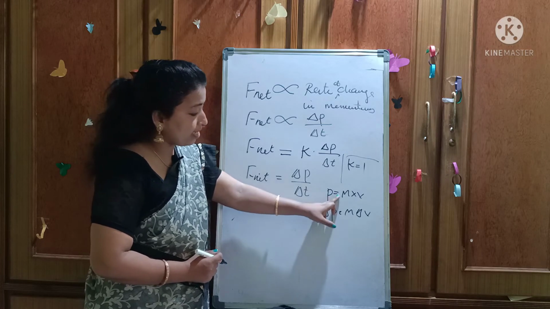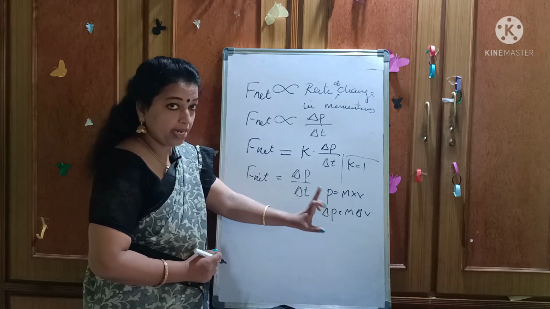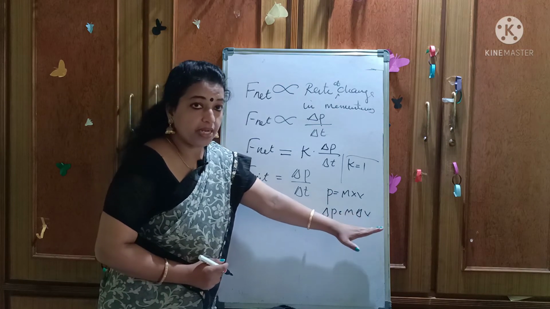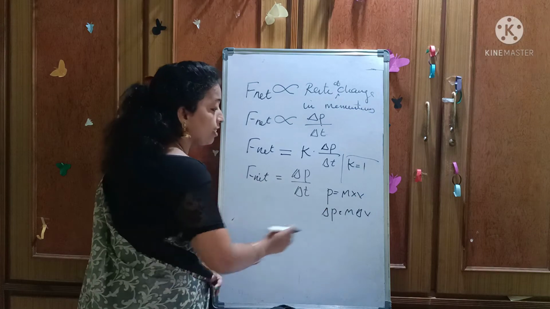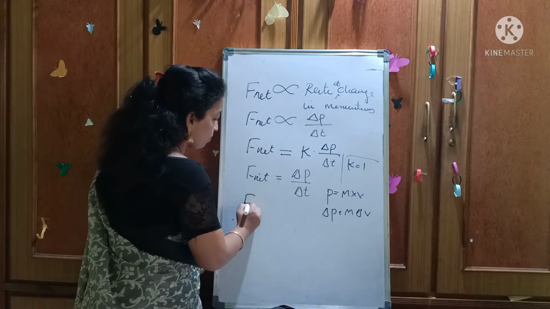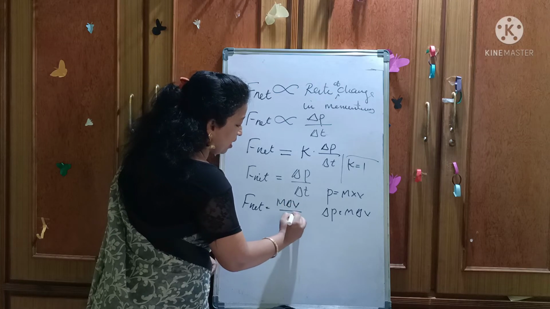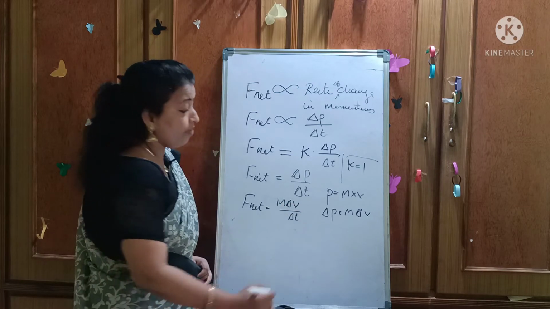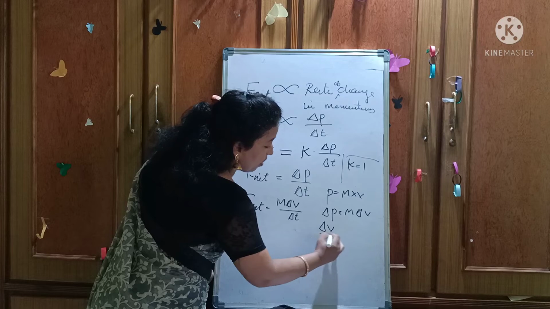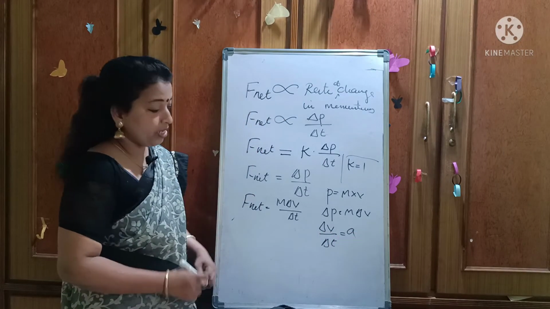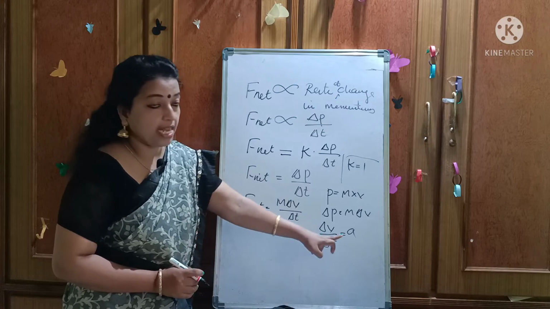Understood? So in this equation, we can write delta P, the change in momentum, is equal to mass into delta V. Why? Because only velocity changes. Substitute this value here: m delta V by delta T. We already learned that delta V by delta T, the rate of change in velocity, is acceleration.